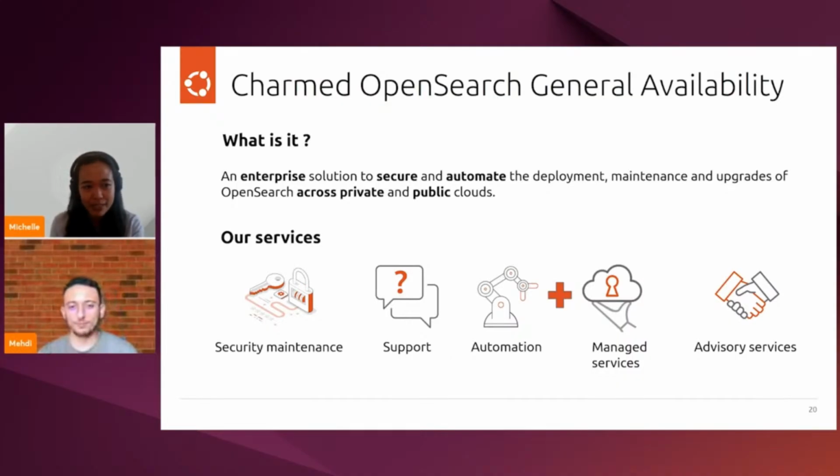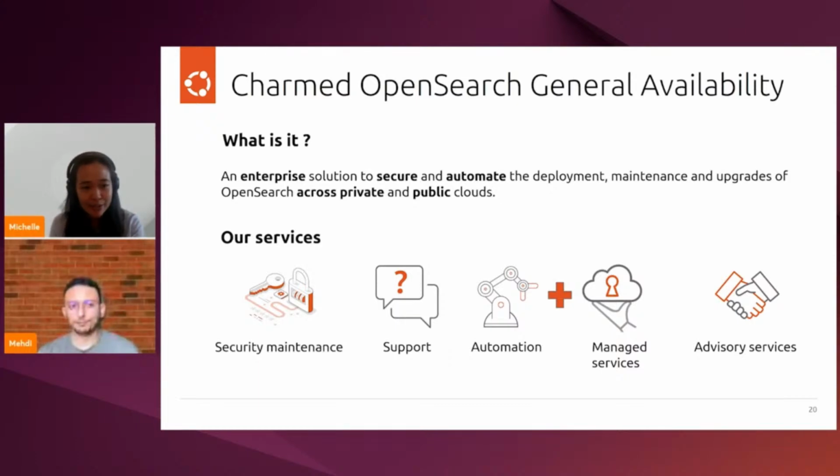private and public cloud. At Canonical, you can talk to us if you need security maintenance for your OpenSearch. You need support, someone to talk to if you have any problem managing it. We have automations and the managed services that we offer for you.